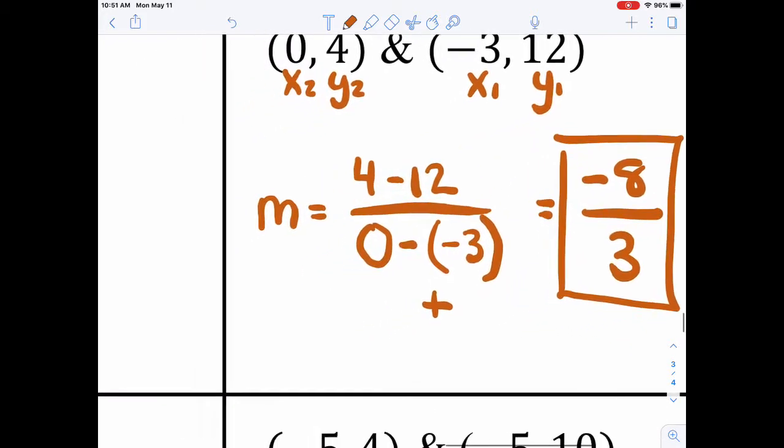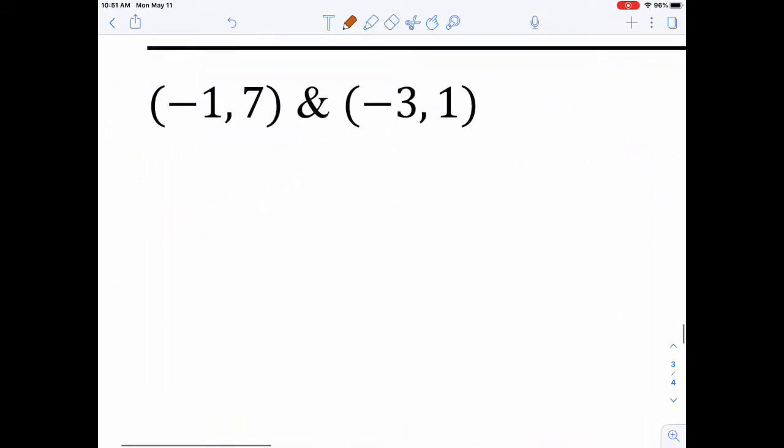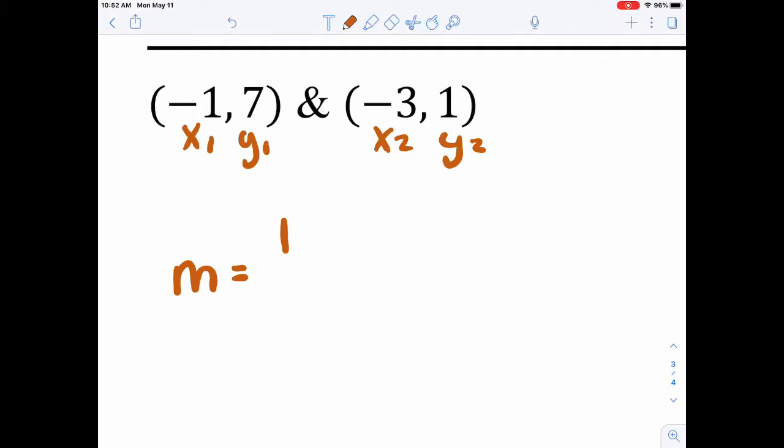And we'll do one more problem here together. We'll do the bottom left here. So again, I'm going to go ahead and label x1, y1 and x2, y2. So I'm going to have my slope is equal to my y2 minus y1, so 1 minus 7 over x2, so -3 minus -1.